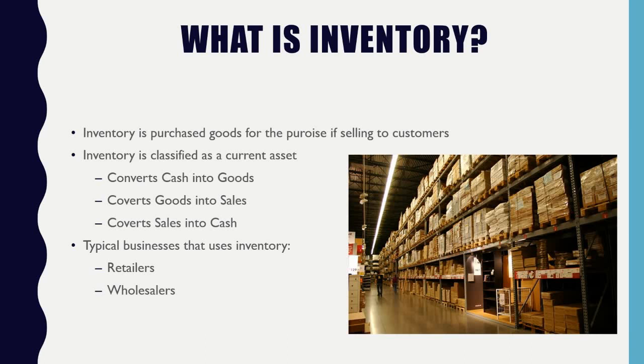So with that being said, we need to understand how we purchase our inventory in the first place. What are the necessary things that are included in order to purchase our goods and then turn around and convert them into sales?